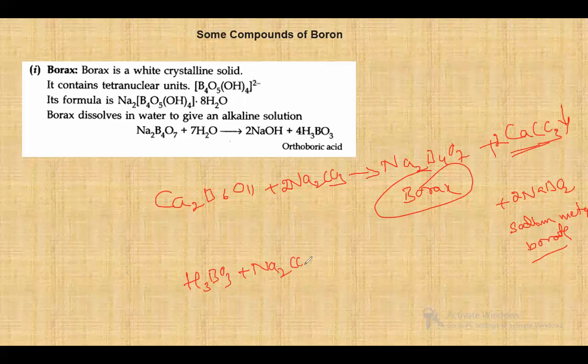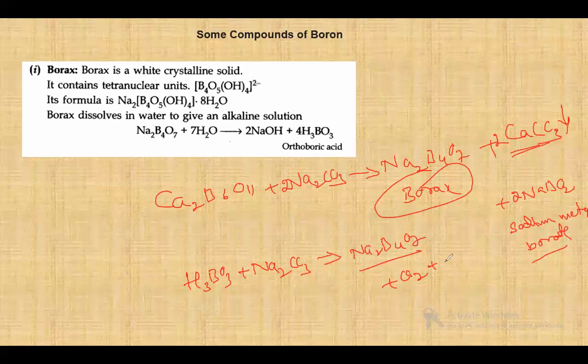Orthoboric acid is treated with sodium carbonate, Na2CO3, in a small quantity, neutralizing the boric acid with soda ash, and we get Na2B4O7, borax, with liberation of carbon dioxide gas, CO2, and formation of water. Balanced, this is 4H3BO3 plus Na2CO3 giving Na2B4O7 plus CO2 plus 6H2O.